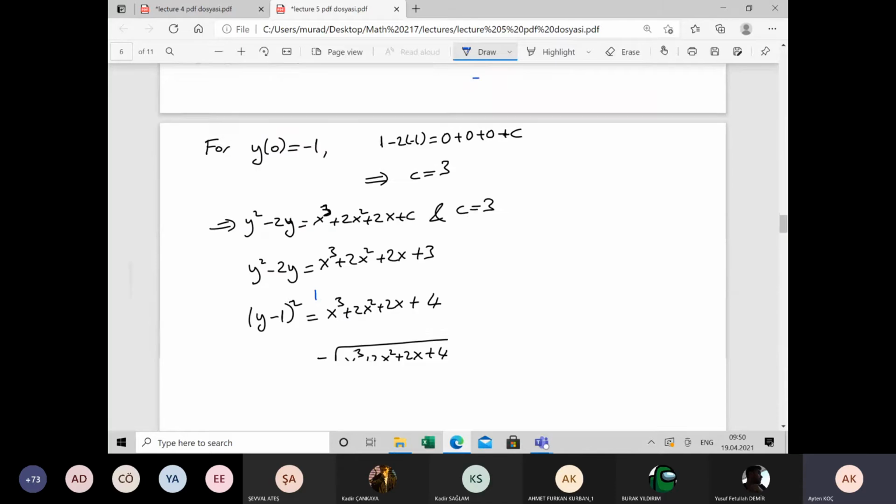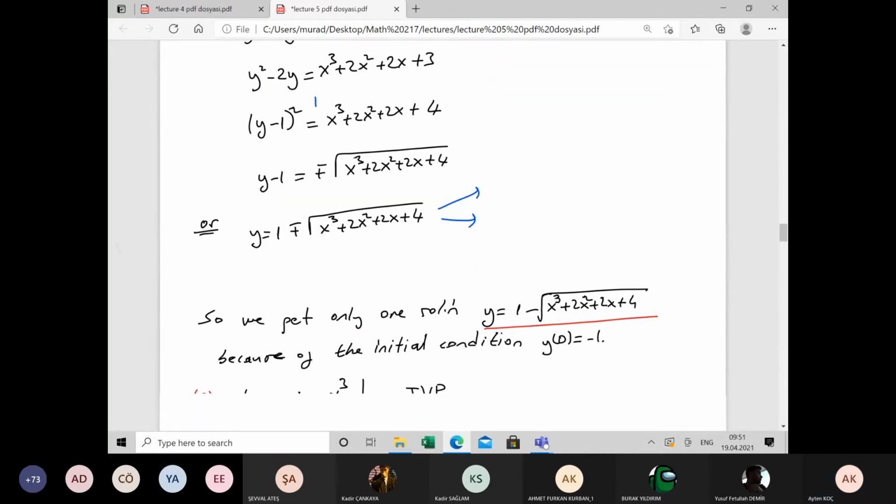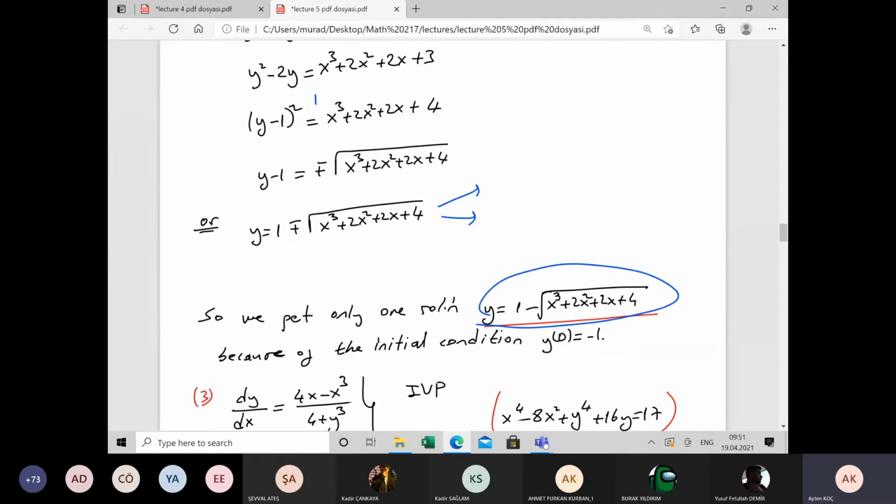Let's come back here. This one, it is true. This one is true because what's the reason? Because y(0) should be -1. And here write x is 0, and we obtain 1 minus 2, we obtain -1, satisfied.